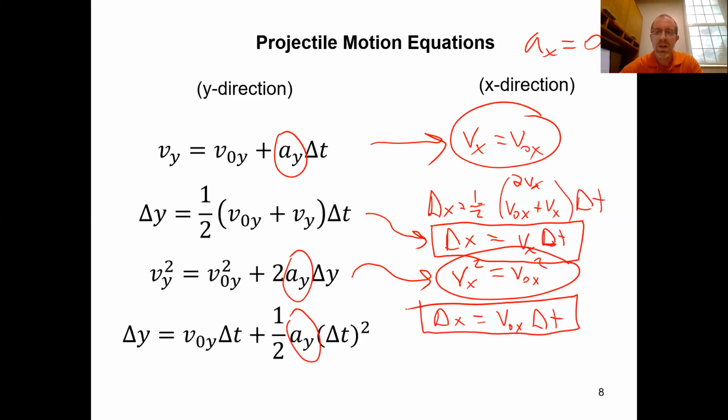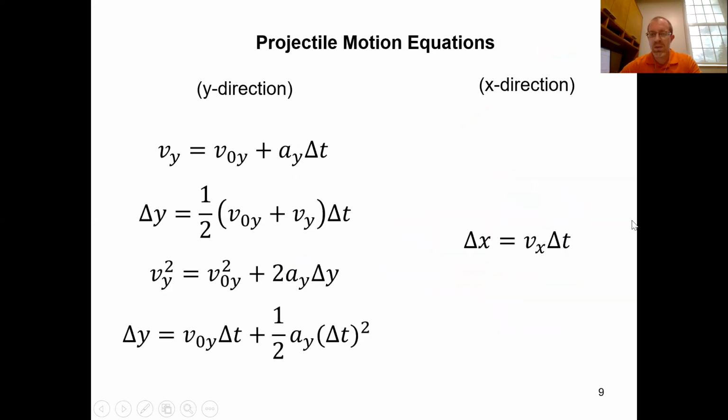They're the exact same expression, keeping in mind that the velocity in the x direction doesn't change. So I did all of that just so that I could do that right there. When we're dealing with projectile motion, all of those equations in the x direction collapse to become just this single one right there.